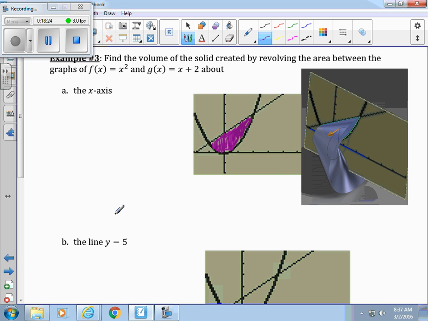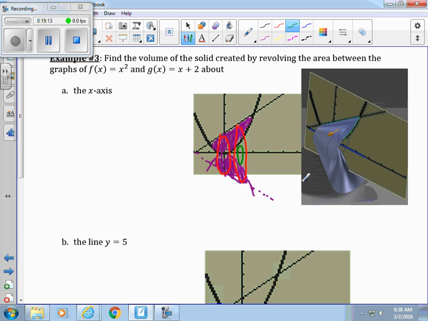And I'm going to rotate that around the x-axis first of all. Johnny, will you turn the lights off for just a second?